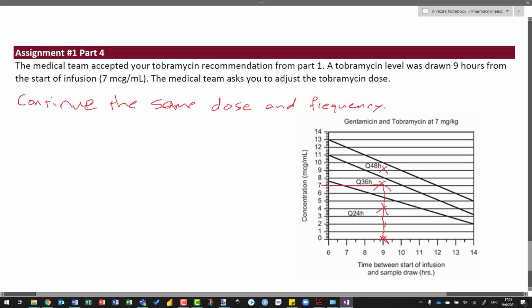Or if the level was too low, let's say 4, that means the body is clearing it. So even though initially based on creatinine clearance we said every 36 hours, the body is clearing it, so we should reduce the frequency to every 24 hours. For this patient specifically, it came out to the zone of every 36 hours, so we actually got the frequency right the first time, so there's no need to change.